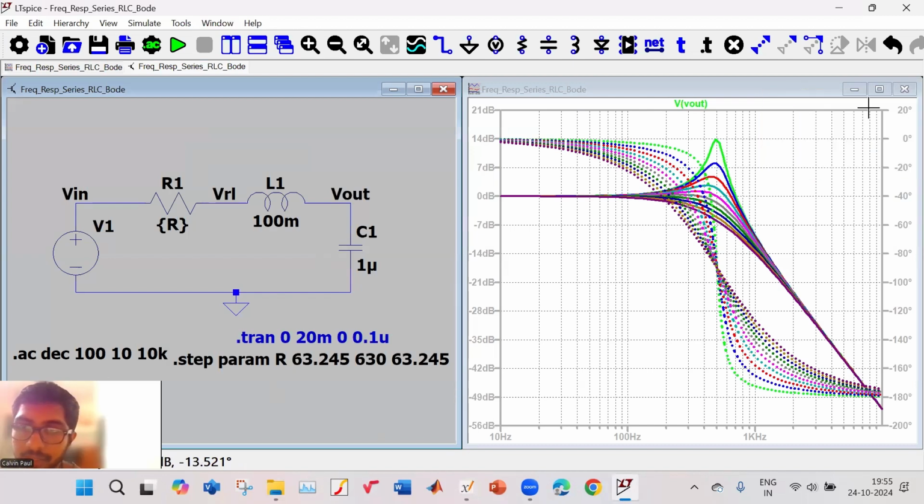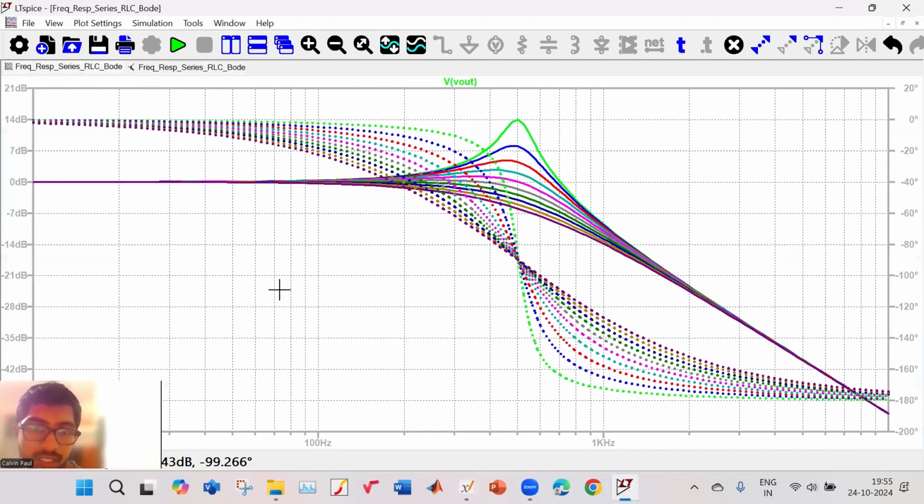If you see this curve, the damping starts from 0.1 and goes all the way to 1. There is always that peak happening, but as my damping constant becomes more and more, this peak is reducing, and afterwards it disappears. There's no more peaking effect occurring.